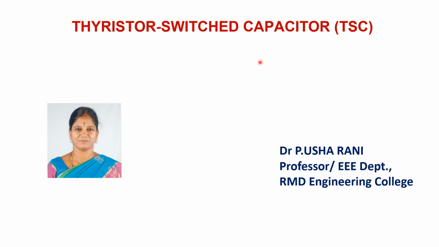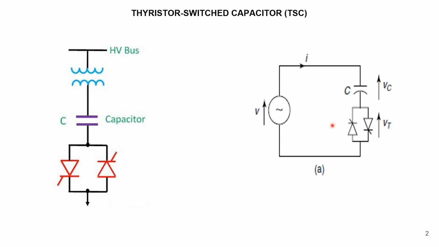If you see the diagram, there are two anti-parallel SCRs connected to one capacitor. This is the circuit diagram of this shunt connected device.